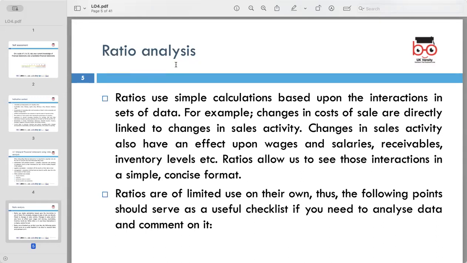So for ratio analysis, it is essential to adopt a comprehensive approach. This involves considering a range of ratios and metrics along with qualitative and quantitative factors, to gain a holistic understanding of the company's performance and financial position.